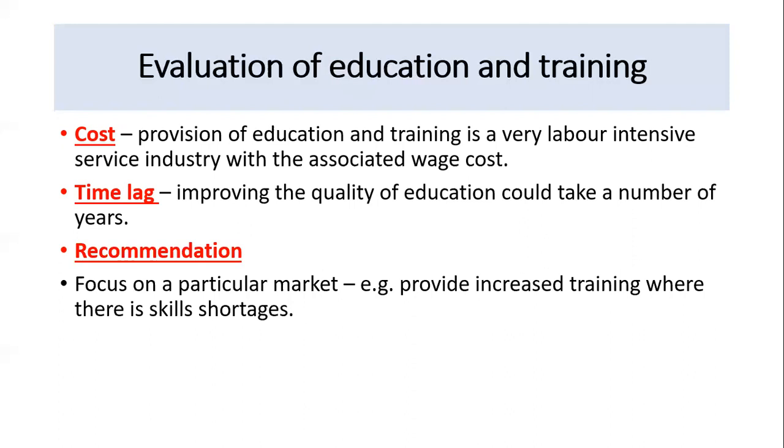For example, provide increased training where there are skills shortages. So rather than just invest in every educational sector, universities, primary schools, secondary schools, further education colleges, adult education, go specifically and give grants or subsidies in subjects or qualifications where we need more people to move into to address skills shortages.